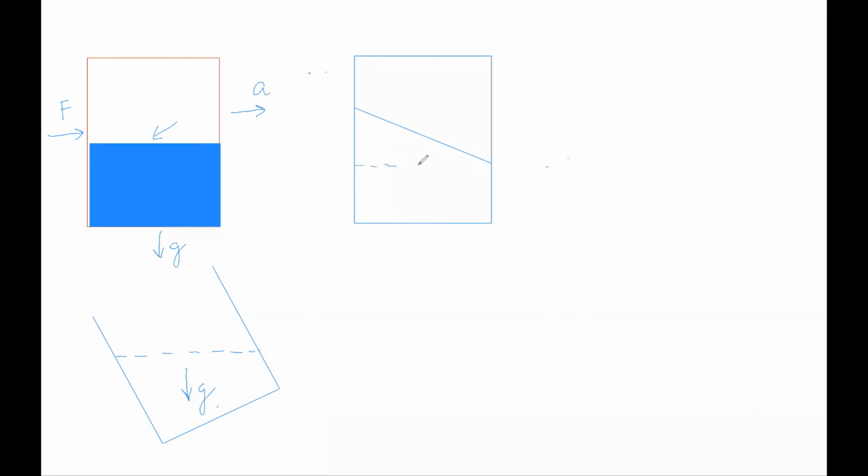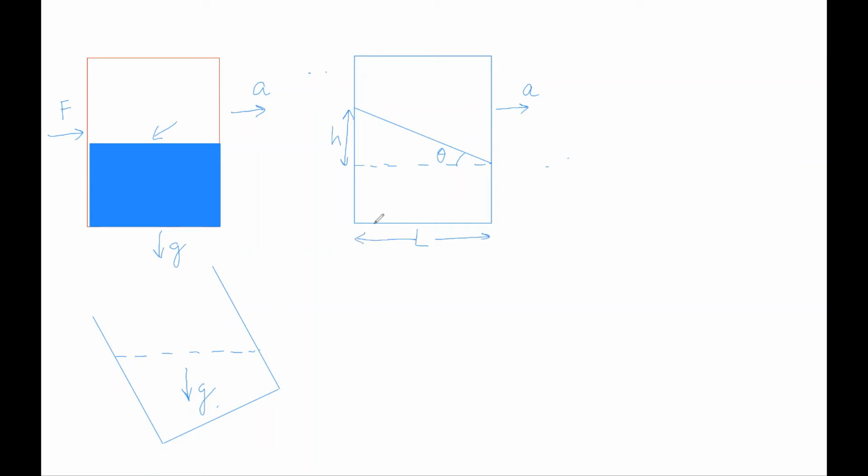If we draw the horizontal level, it is making, let us say, an angle theta. The surface of the liquid is now maintaining an angle theta with respect to the ground when it is being accelerated horizontally by a certain acceleration, let us say A. We will mark here a level rise on the left side as h with respect to the horizontal direction, and let us say length L is the base length of the container.